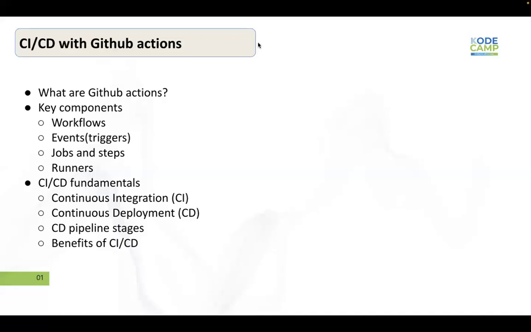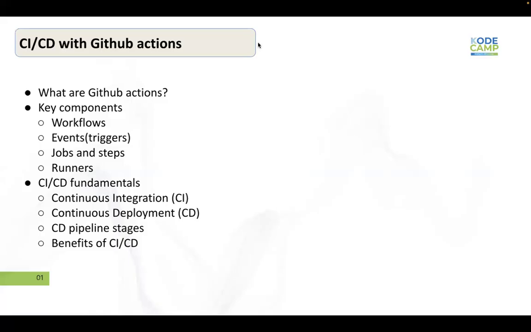All of this will not make sense if we don't even understand what CI/CD is. We'll start with CI, which is continuous integration. Continuous integration is a practice of automatically integrating code changes from multiple contributors into a shared repository frequently.